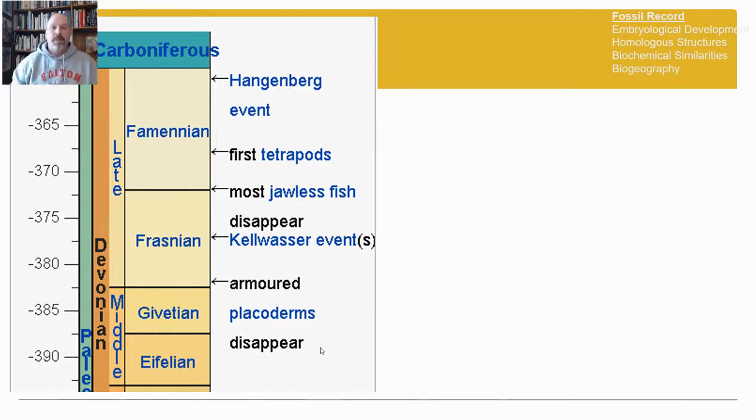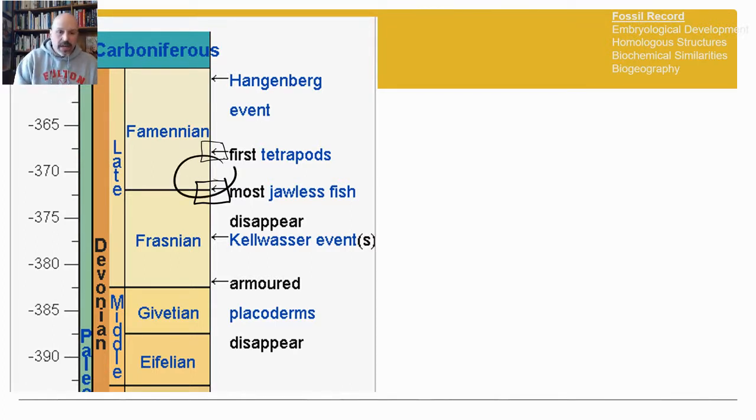So what do you do? You gather your evidence, you find out what you know, and then you start to make predictions. In the fossil record, we know that the jawless fish are about 375, 380 million years ago. But we also know that between 365 and 370 million years ago, that's where we start to see our first land animals. Let's make a prediction.